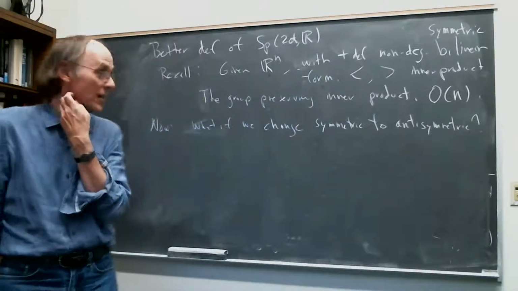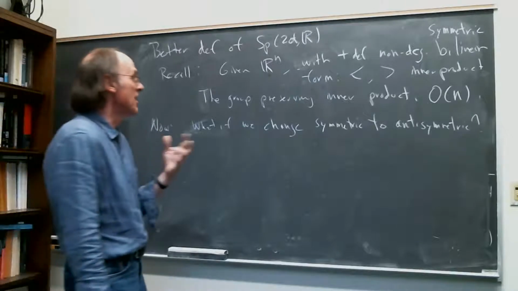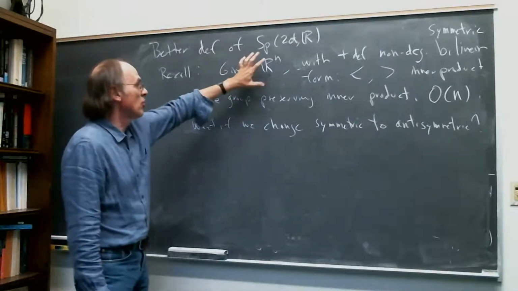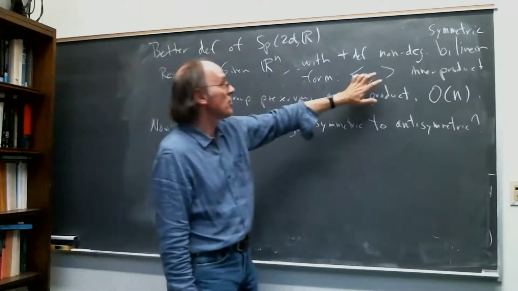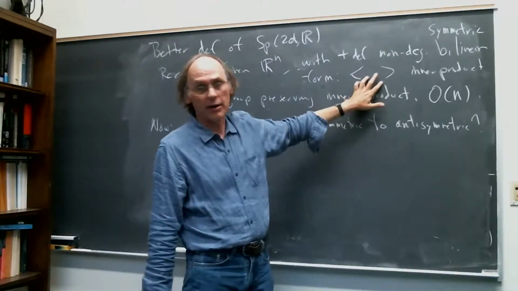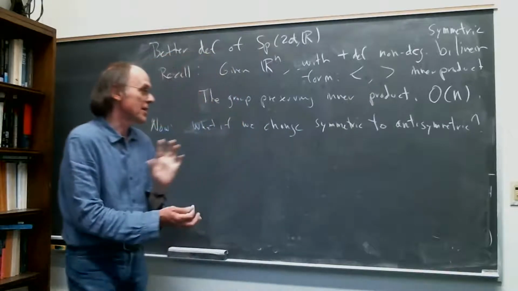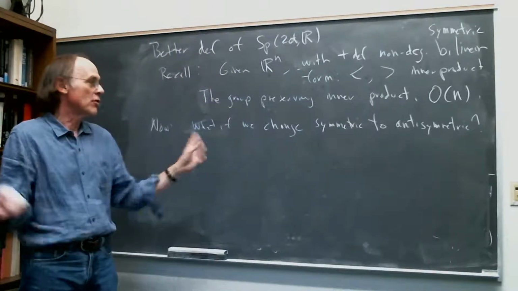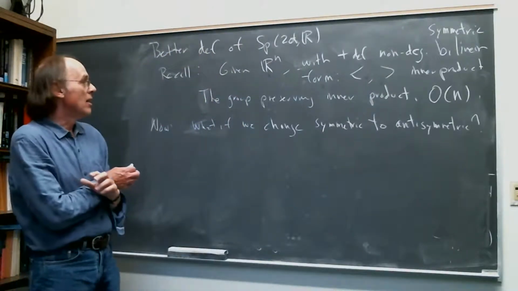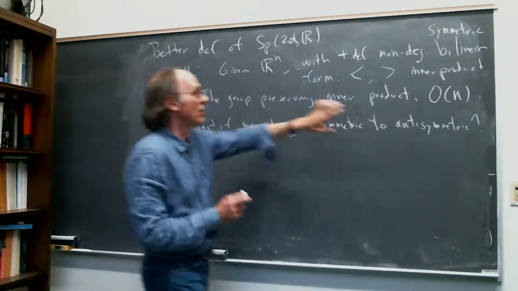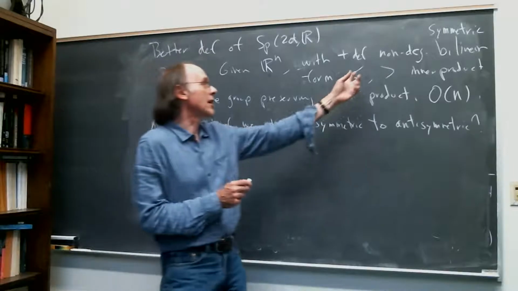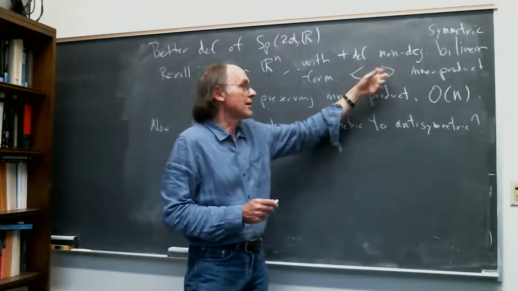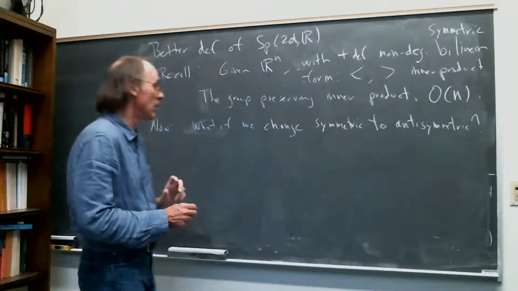So this is in some sense the idea. This is what's normally called Euclidean geometry. It's the geometry associated with the symmetric inner product here. What we're going to be doing is taking everything we know about Euclidean geometry and the orthogonal group and changing things around to the case where you've got an antisymmetric bilinear form.